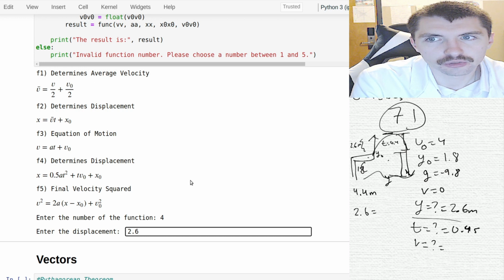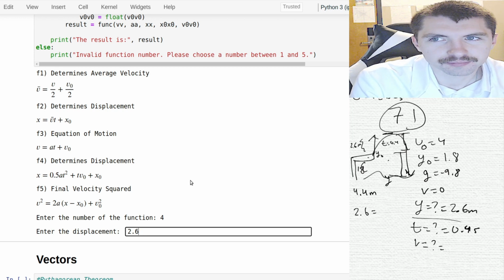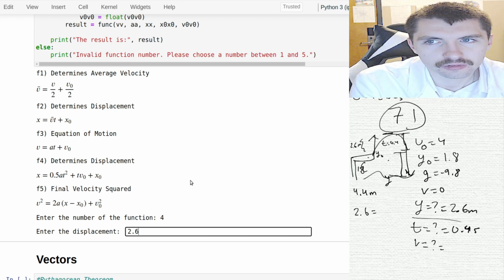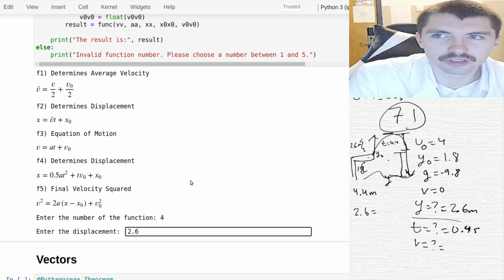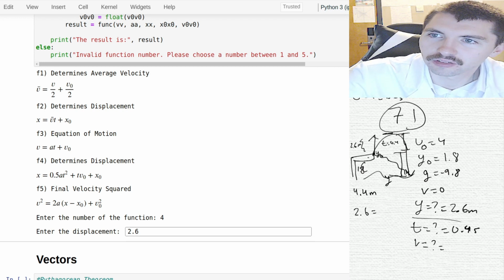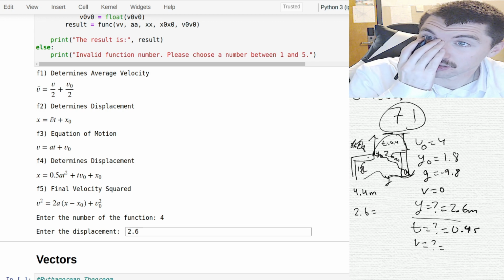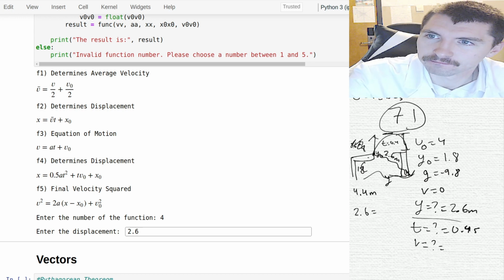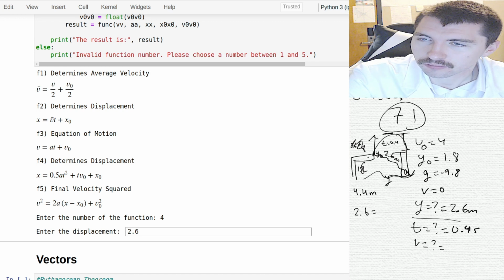So it should be 2.6 plus displacement. So displacement should be this distance. I think it's saying this is 2.6. So in that case, it makes it a little better.